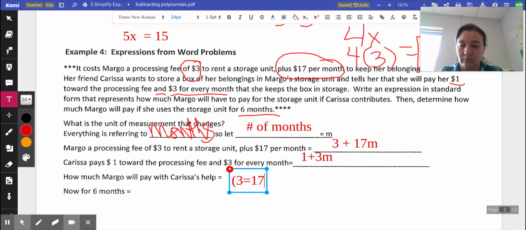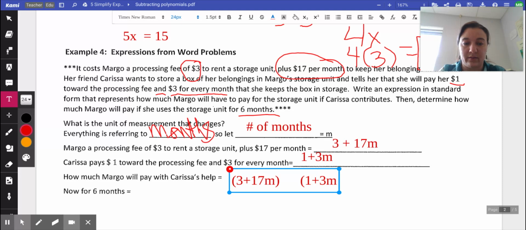And what am I going to do with the two numbers? Remember, she's going to pay less because somebody's helping her out. So I want to know what is the difference. Difference means subtract. Okay, dokies. So when you subtract a group, you are distributing a negative, otherwise known as adding the opposite of everything in the parentheses.